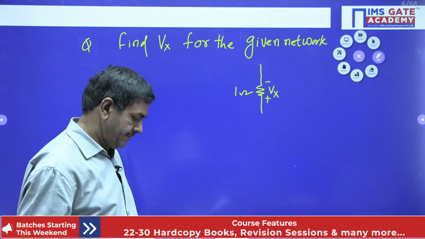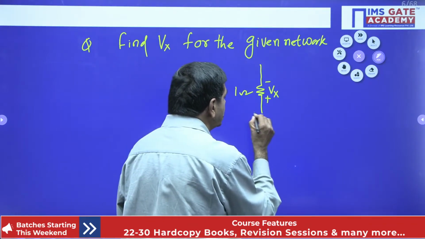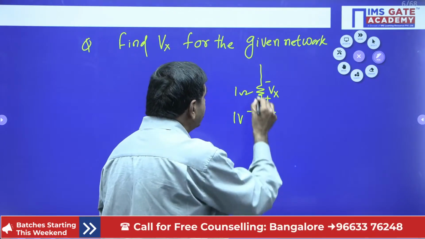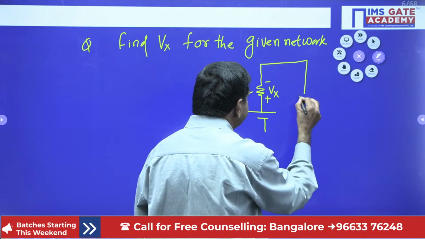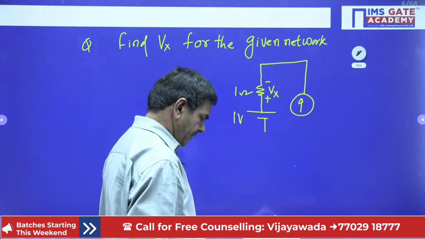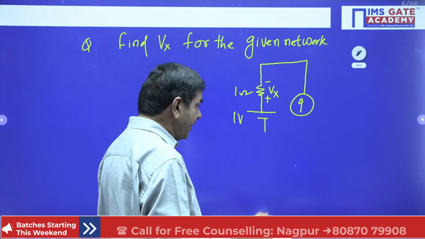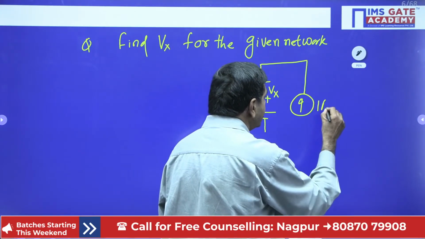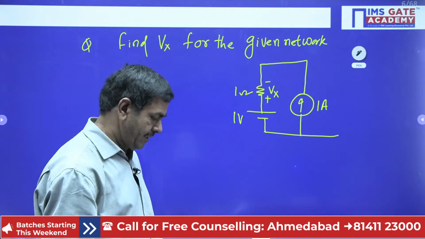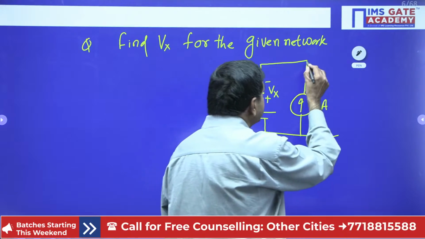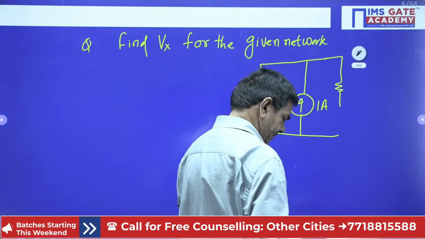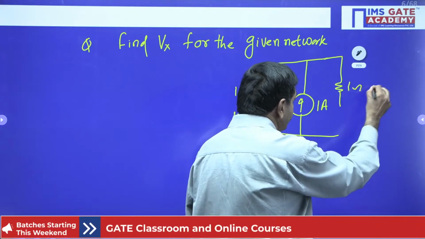Polarity is also given. Here a 1 volt battery is given, and also one current source on this side. That current source is 1 ampere. On the side, it is connected with one resistor, whose value is 1 ohm.